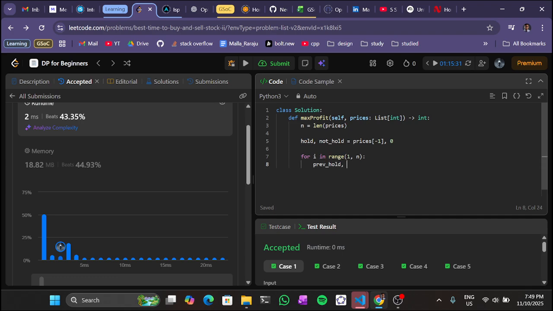Previous hold and previous not hold will be hold because it is 0. So these are the previous choices we made.